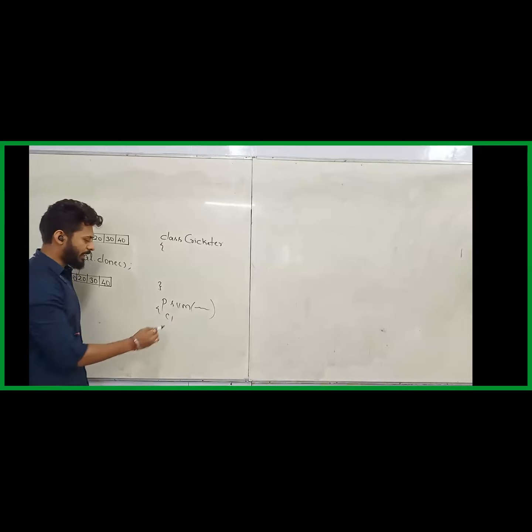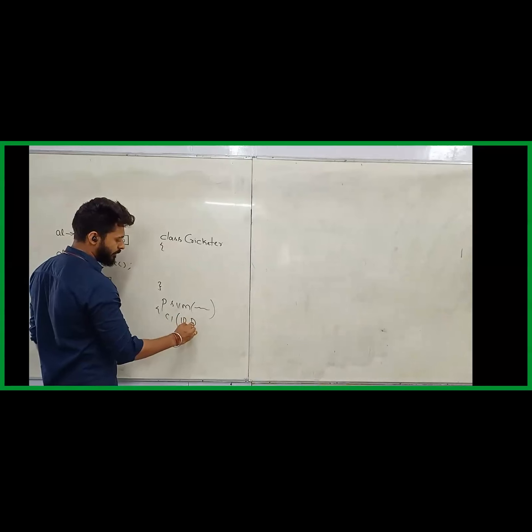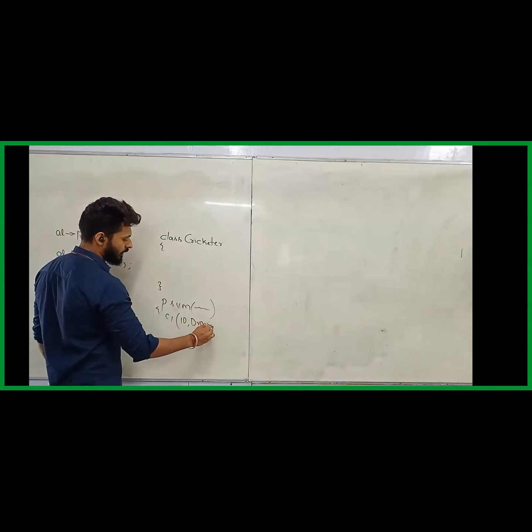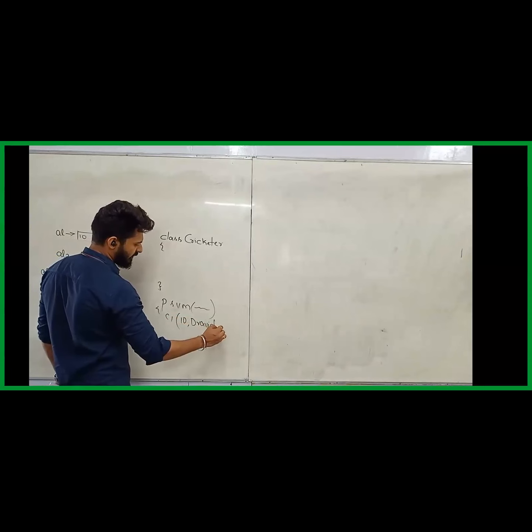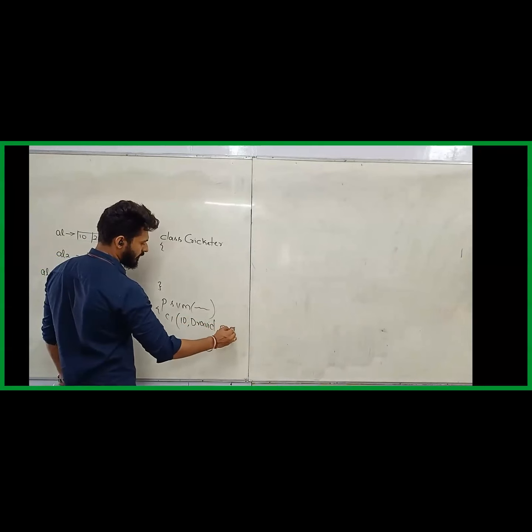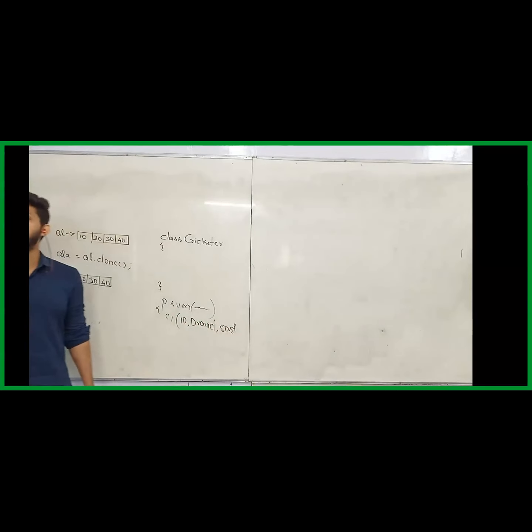For that I'll pass some values also: runs are 10, name is Dravid, and run rate is 50.5F. Along with this, I also want the address of that particular cricketer. How?